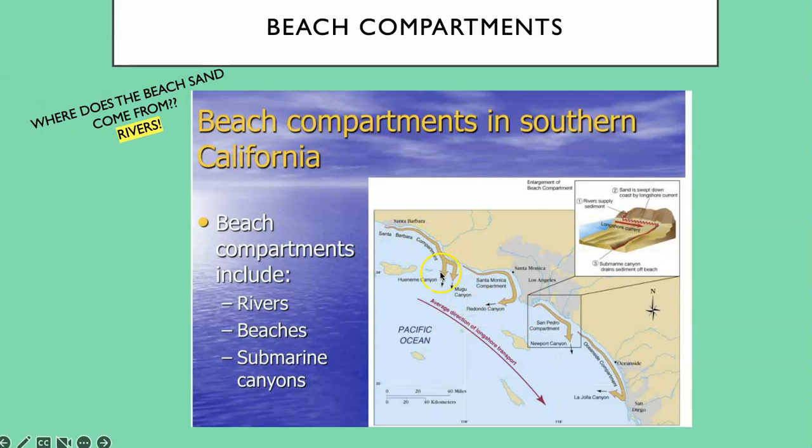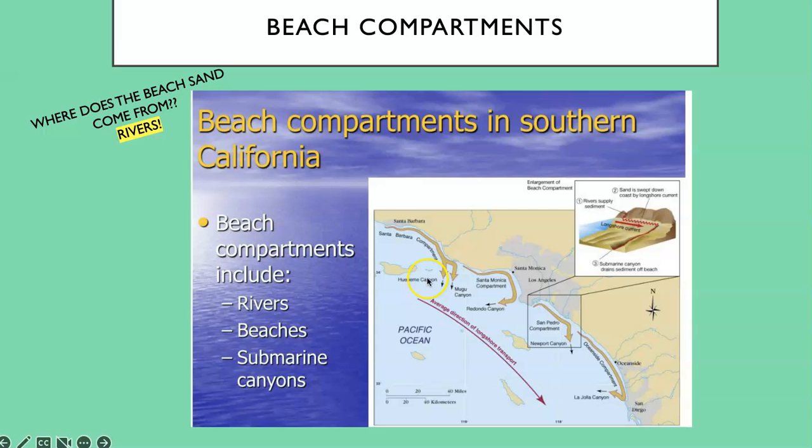So here we have these 4 arrows along the Southern California coastline, and they represent beach compartments. And these are the 3 parts that get sand from the land out to the ocean. The first part is the river. Rivers bring the sand from the land and dump it at the ocean.